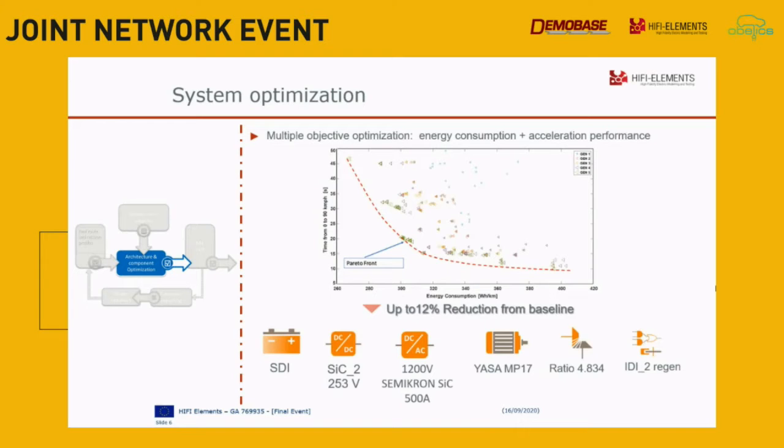This has allowed us to establish the typical result of a multi-objective optimization, a Pareto front, in which we can have optimal results where our first and most important target, energy consumption reduction, can be matched to any other type of performance feature. In the optimization part, we have seen results of up to 12% reduction.